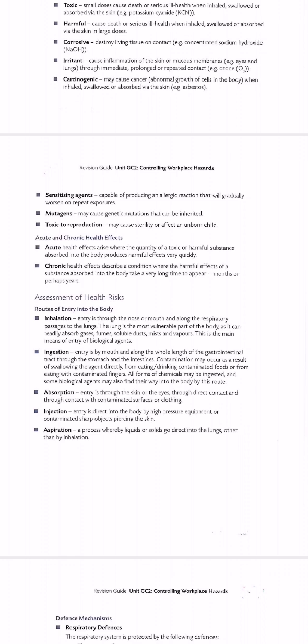All forms of chemical may be ingested, and some biological agents may also find their way into the body by this route. So by ingestion, chemicals can enter your stomach. That's why we have contamination of food and pollution of water.